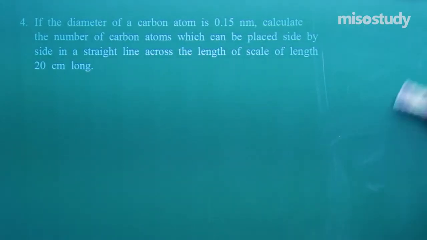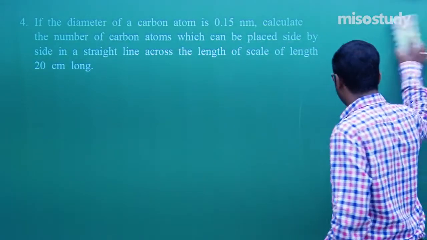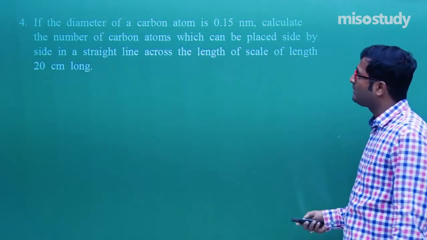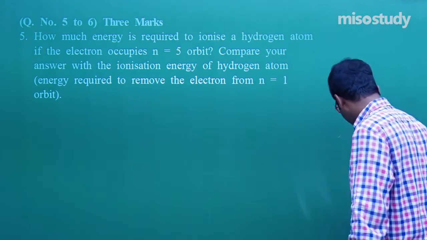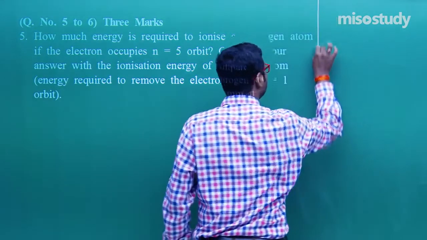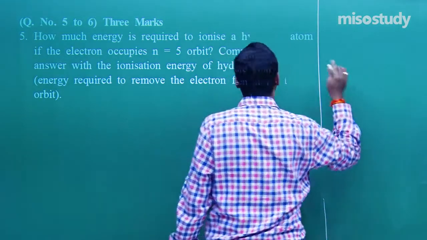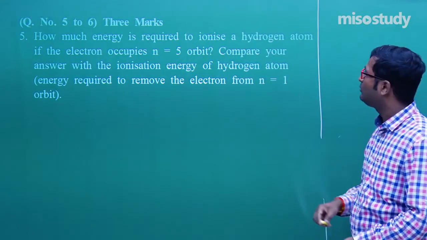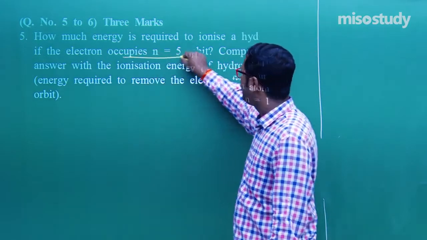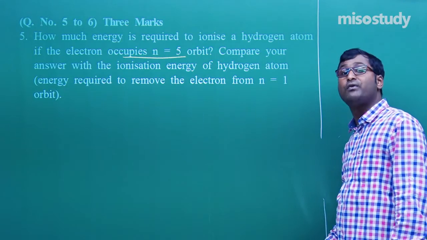Now check it out what I'm telling, listen carefully. Now question number 5. What is question number 5? This question carries 5 marks. How much energy is required? Listen to the question carefully. How much energy is required to ionize a hydrogen atom if the electron occupies the n is equal to 5th orbit?